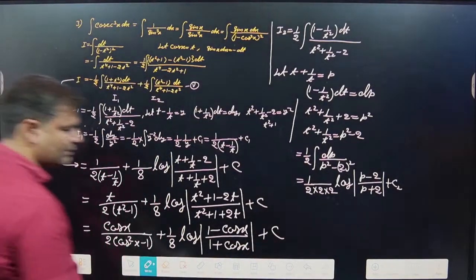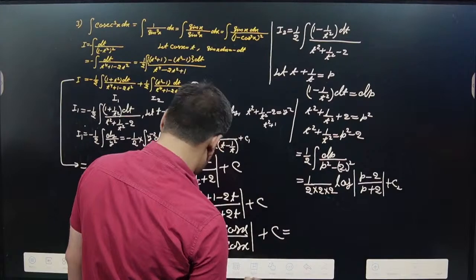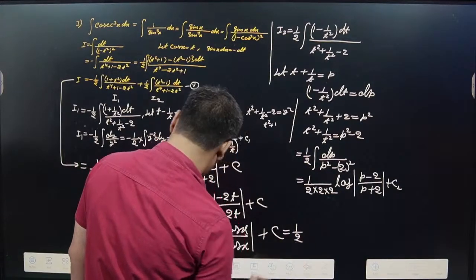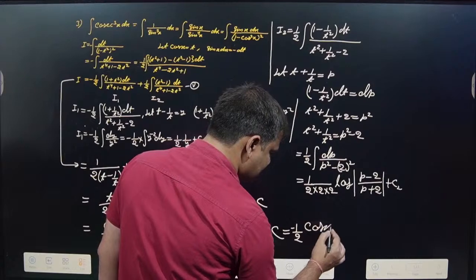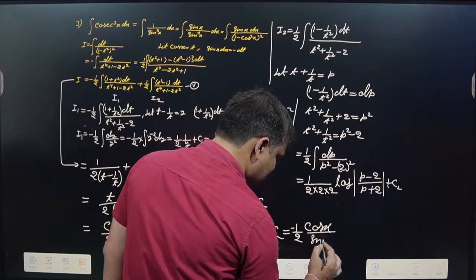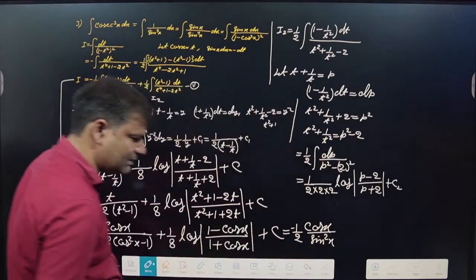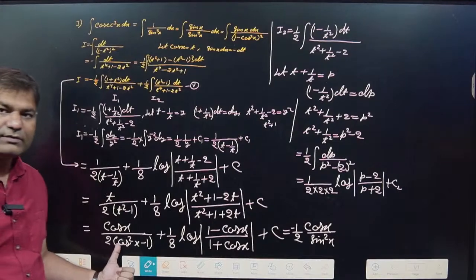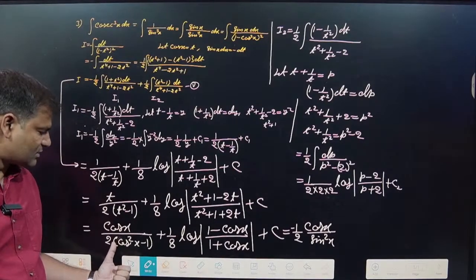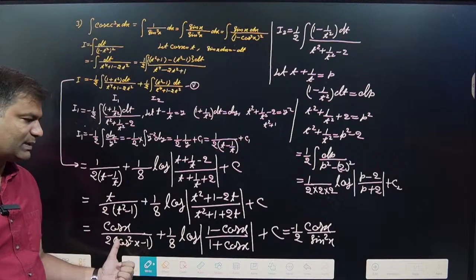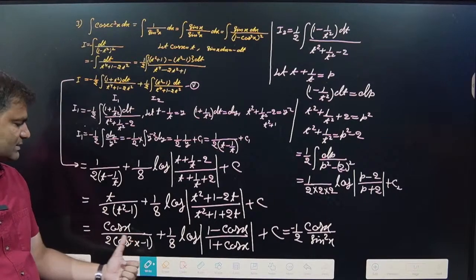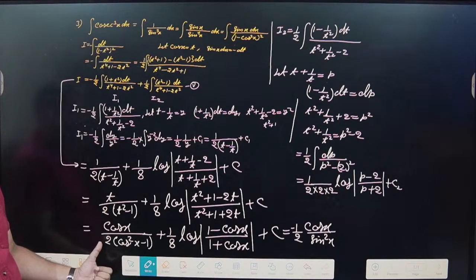Or you can say another way, 1 by 2 into minus 1 by 2 into cos x upon sin square x. Basically here, if we take minus common, then it is written 1 minus cos square x, basically sin square x, so minus sin square x.